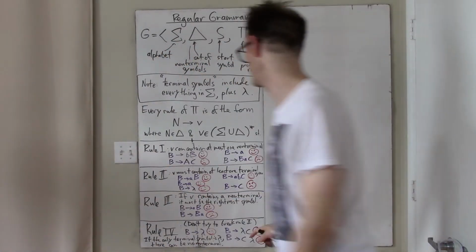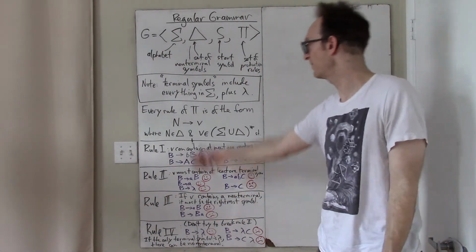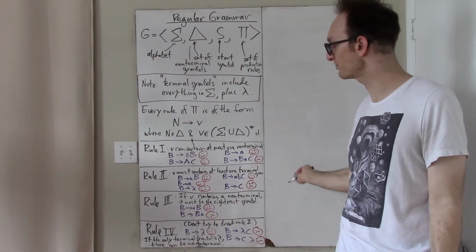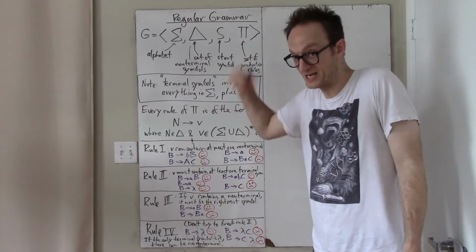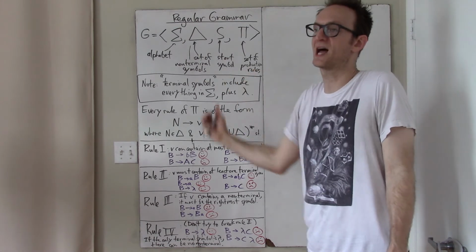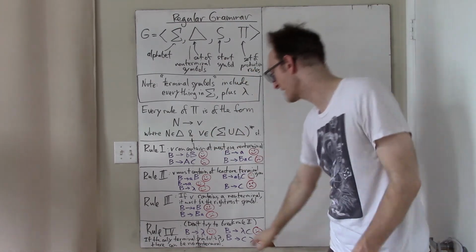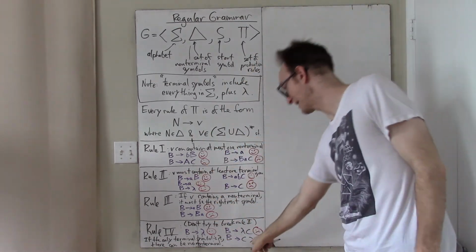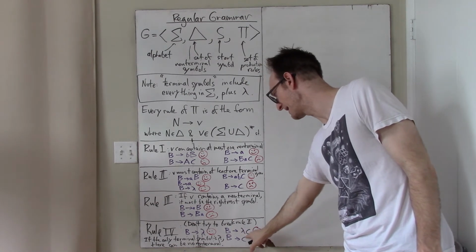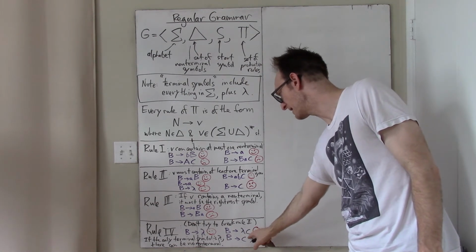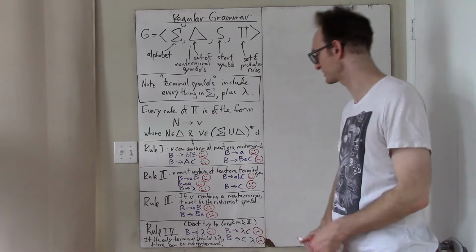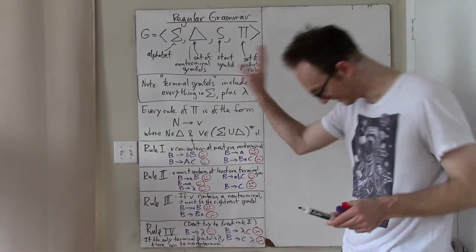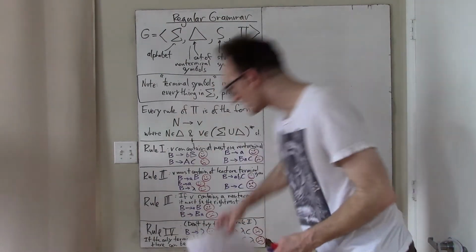In other words, if the only terminal symbol on the entire right-hand side is lambda, then that needs to be the entire right-hand side, just lambda. You can't try to break Rule 2 by squeezing in a non-terminal with no real terminal symbol. Okay, I think that's good.